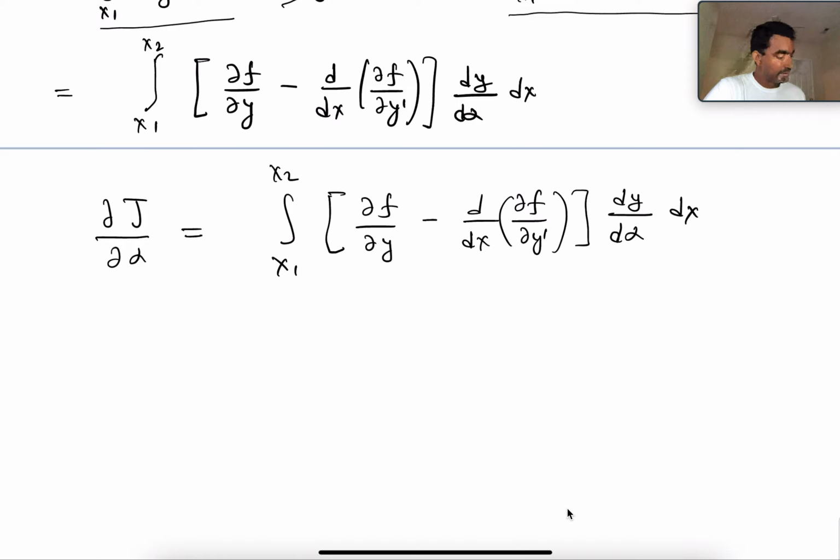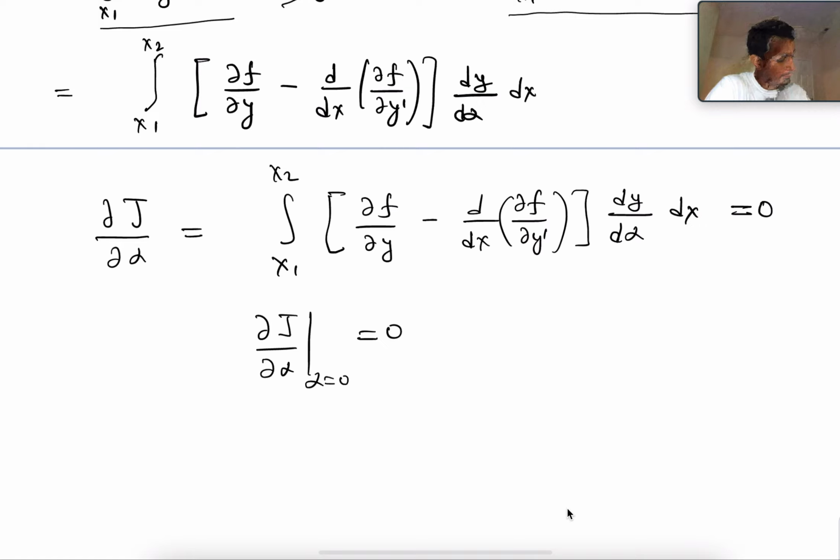But the constraint that we had said is that the partial derivative of j with respect to alpha must be equal to 0 for alpha equal to 0. That's because j is supposed to be an extremum. So the quantity del j by del alpha at alpha equal to 0 must be equal to 0, which means that this integral must be equal to 0.